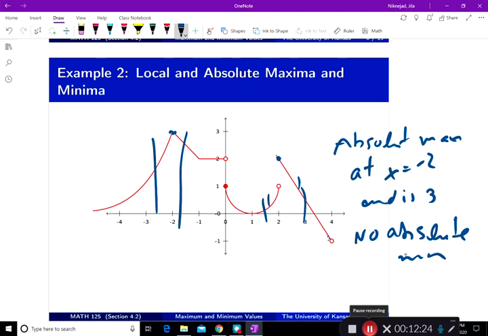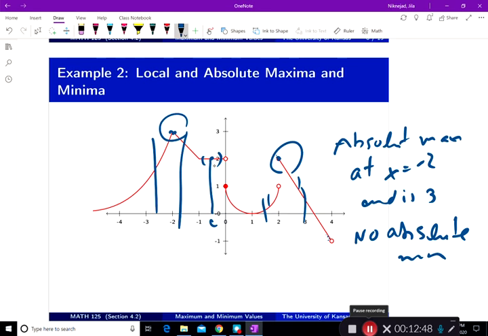And then local max. I have one over here, one over there. Do I have any more? The definition of local max is that you find a little neighborhood such that for whatever point in there, let's say this is point c over here, f of c is bigger than or equal to points around it.